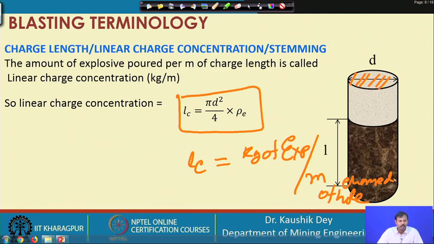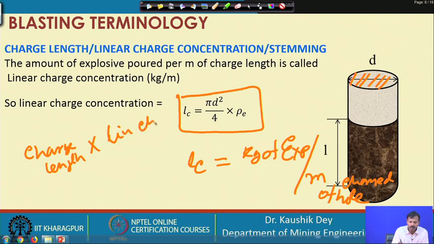So, the linear charge concentration gives us an idea of what charge concentration we are placing per meter of the drill hole length. If you multiply the charge length by the linear charge concentration, you will get the charge per hole.